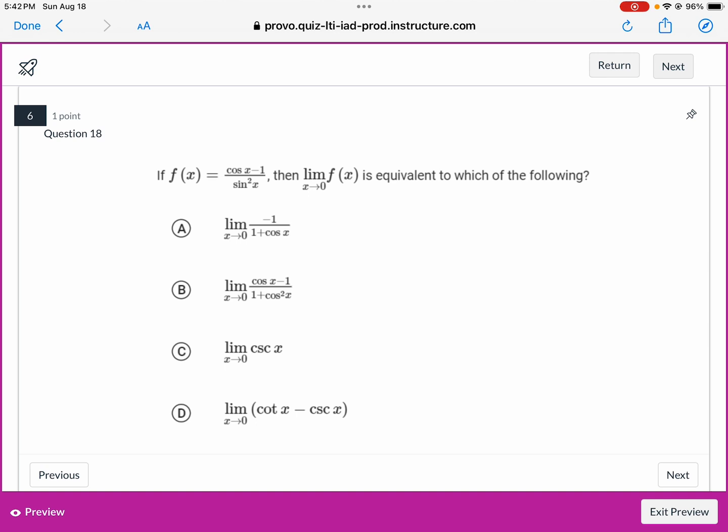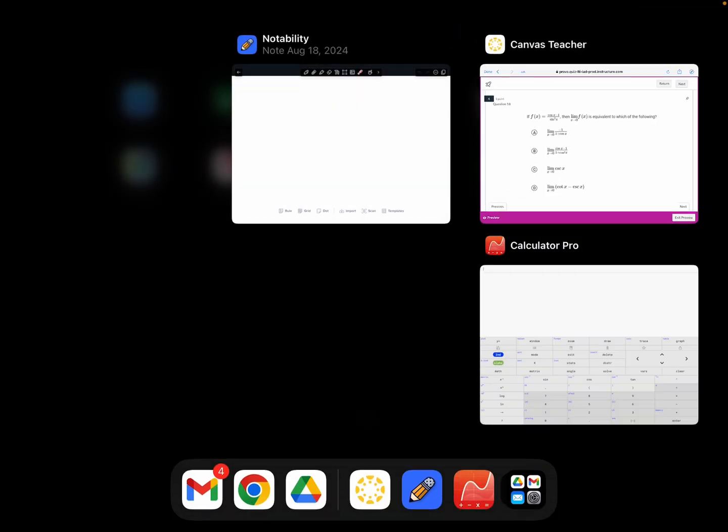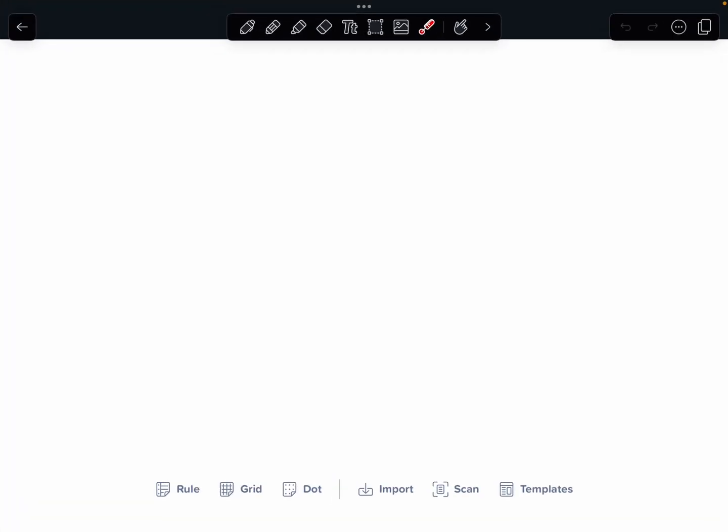But essentially what you can do to start with is use some trig identities. So for example, sine squared of x is going to be equal to 1 minus cosine squared of x. Maybe I can get you guys started here.